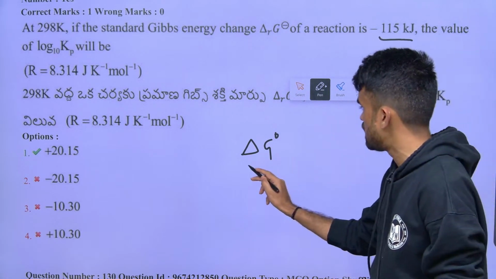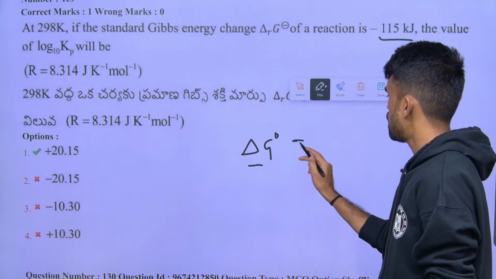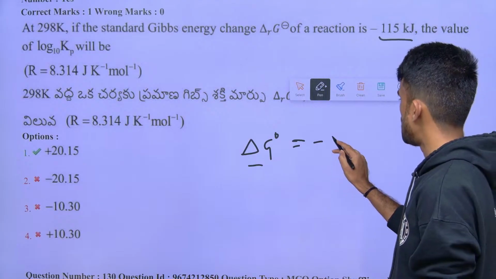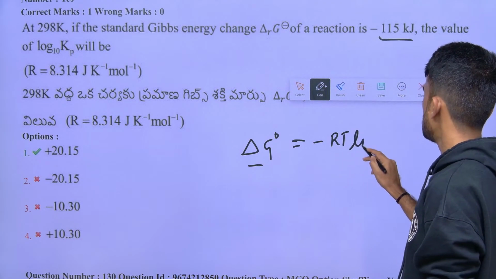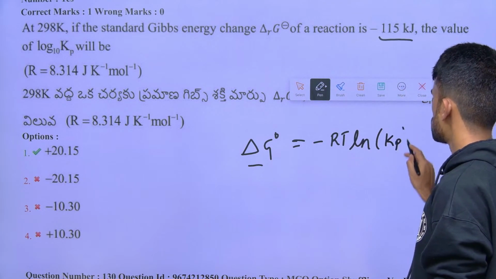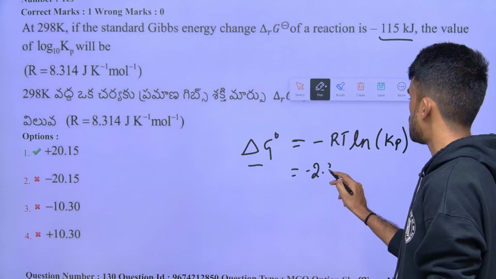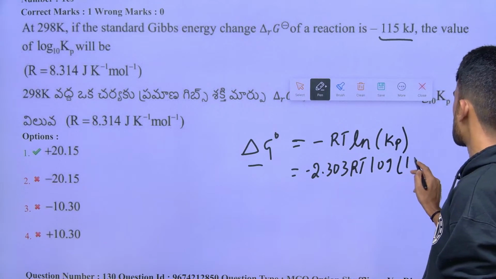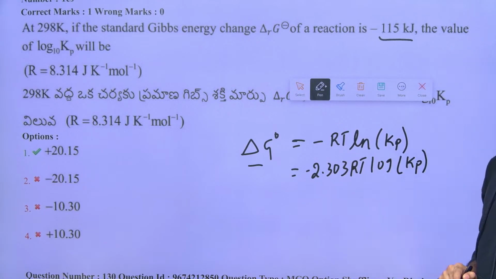What is the relation between delta G naught and Kp? We have delta G naught equals minus RT ln Kp, so I can write minus 2.303 RT log Kp. We can write it in this format.